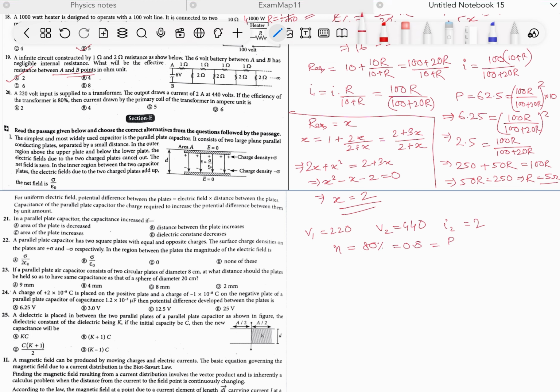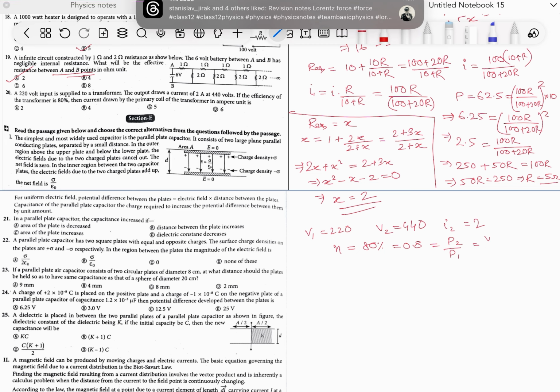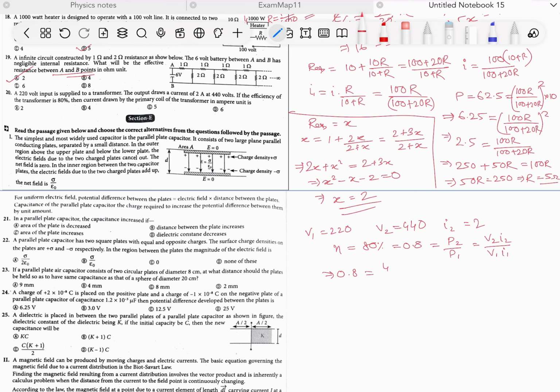So it is basically P2 by P1, means V2 I2 by V1 I1. So put this value: 0.8 equal to 440 into 2 by 220 into I1. So it cancels out 2. So I1 equal to 4 by 0.8, means 5. So 5 is the answer.